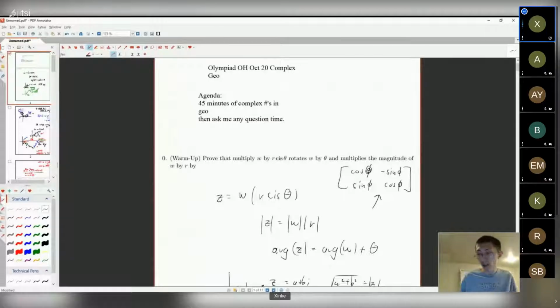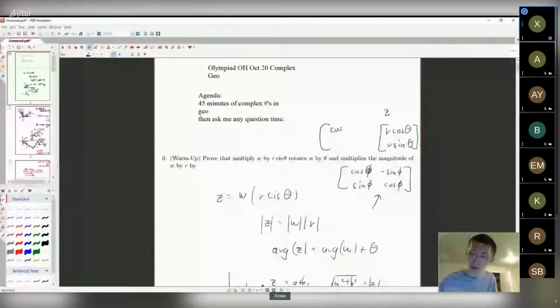So yeah, that would also work, because if z had coordinates r cosine theta and r sine theta, then you can just multiply by this matrix. It's a rotation matrix, and if you apply it, I think you'll get the sine and cosine addition formulas for the output vector.